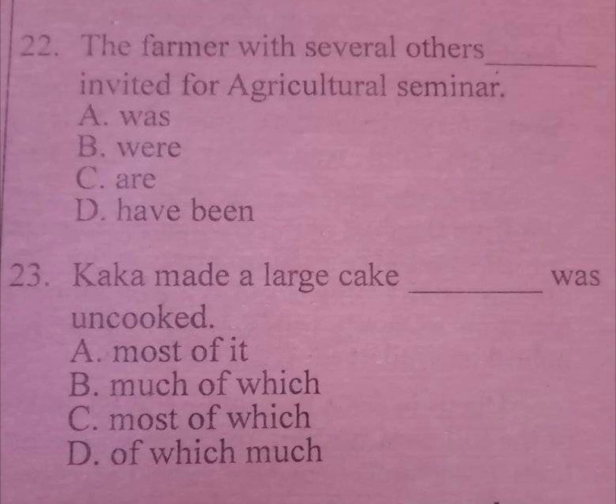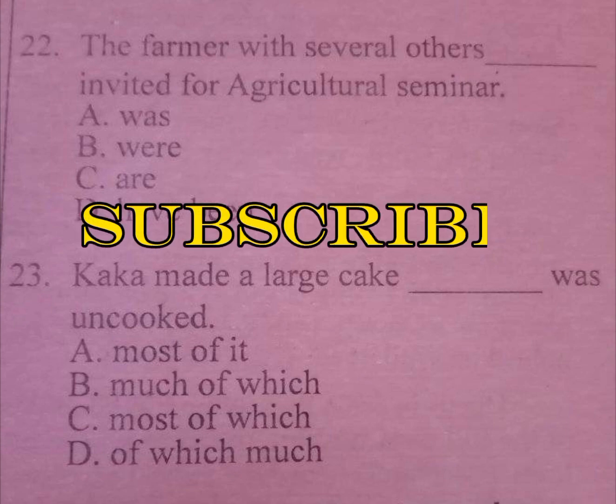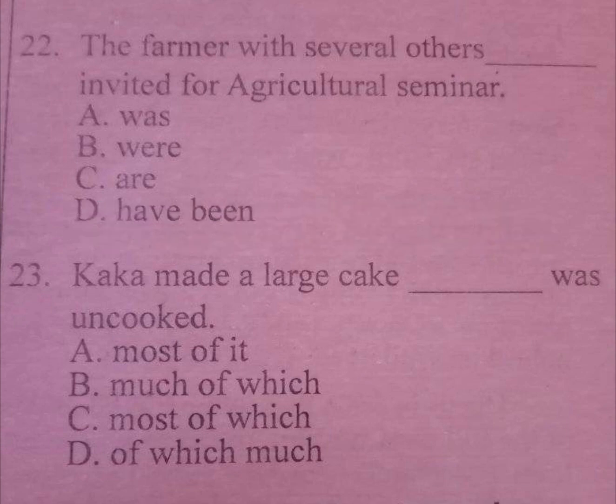And in this case, we are looking at past tense. The farmer with several others was invited for agricultural seminar. The same way you'd say, the president with the cabinet secretaries was in attendance. The president with his ministers was invited, or has arrived.